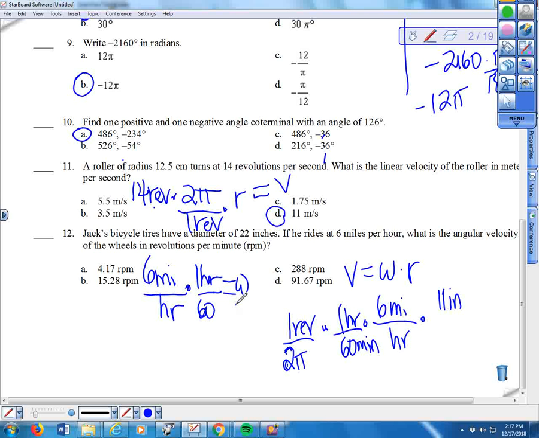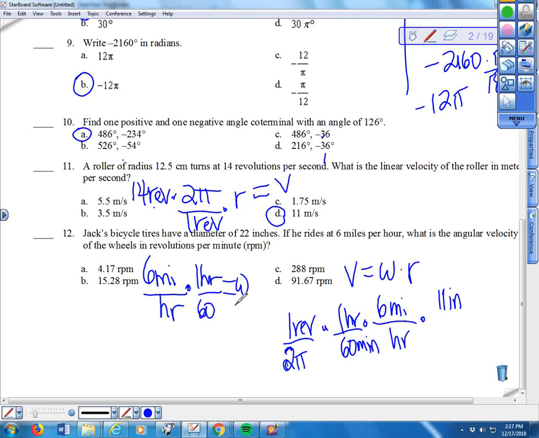So 6 divided by 60 is 0.1, and then I divide that by 11. Okay, what did I do? Divided by 11, 28, times 2 pi? No.